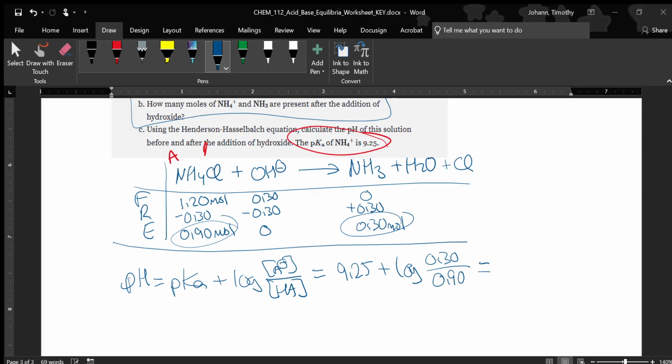And so then I can put this into my calculator. 0.3 divided by 0.9 is going to be 1/3. I'm going to take the log of that, and I'm going to add that to 9.25. And what I get is a pH of 8.77.